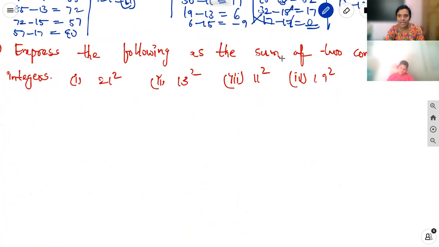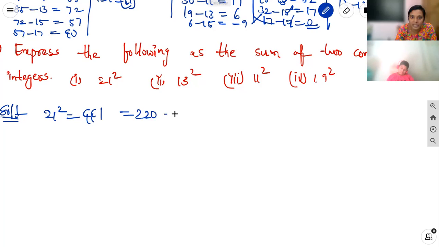Next, express the following as the sum of two consecutive integers. Only for odd numbers can we express them as consecutive integers. 21 squared equals 441. 441 we can write as 220 plus 221.